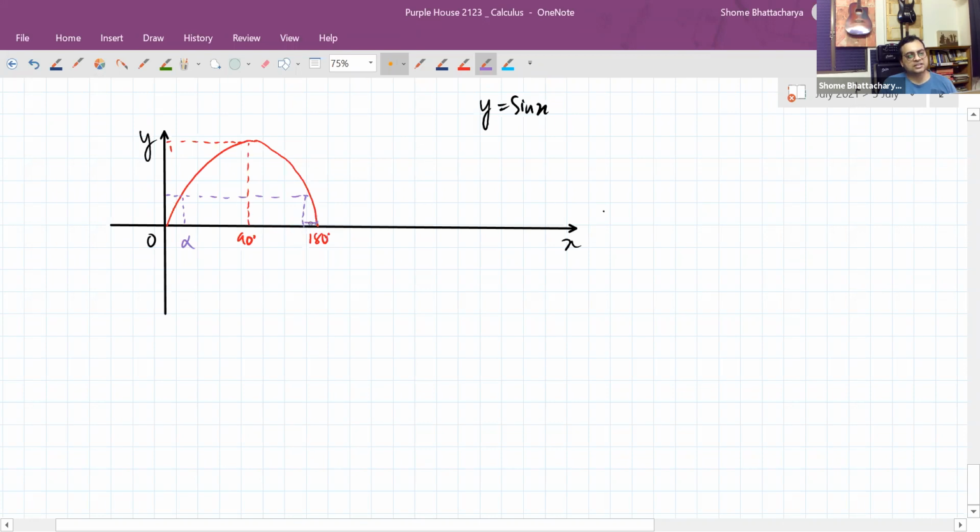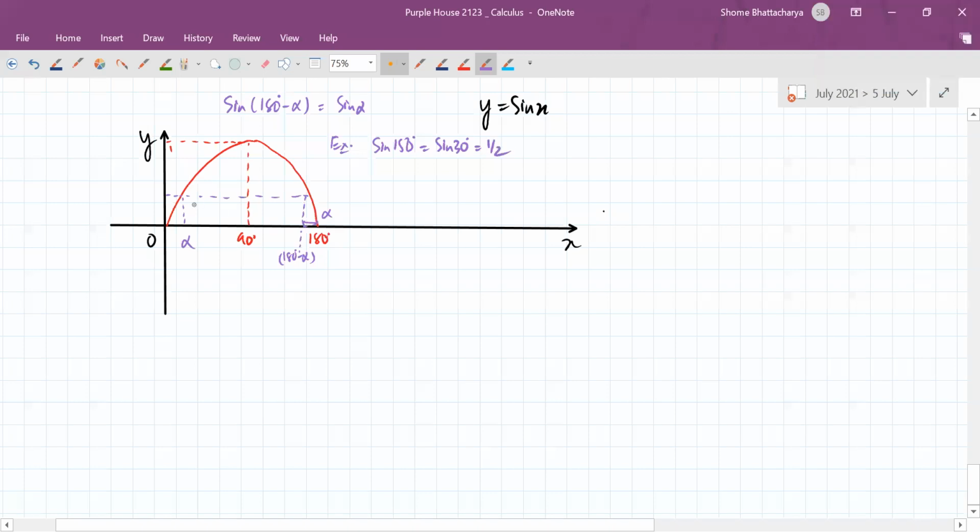If this distance is alpha, then this angle over here is 180 minus alpha, and you can see the value of sine is the same for both of them. So you immediately have the formula that sine of 180 minus alpha is sine alpha. For example, sine of 150 degrees is equal to sine of 30 degrees, which is half. You can see that in that graph.